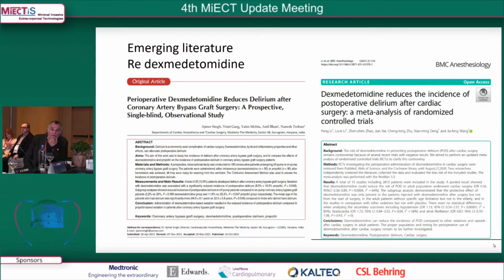And in both instances found that the dexmedetomidine group had a significantly lower incidence of delirium. So this may be a potential beneficial administration moving forward.